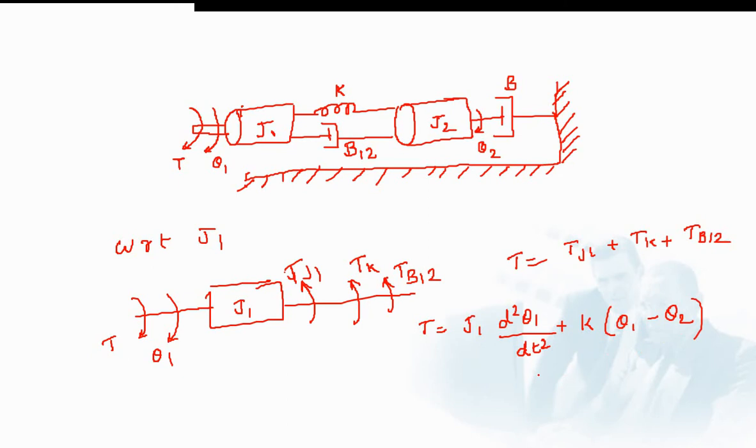This is because we are considering the equation with respect to J1, and Tb12 will be plus B12 into d by dt of theta 1 minus theta 2. So this is the differential equation with respect to J1.